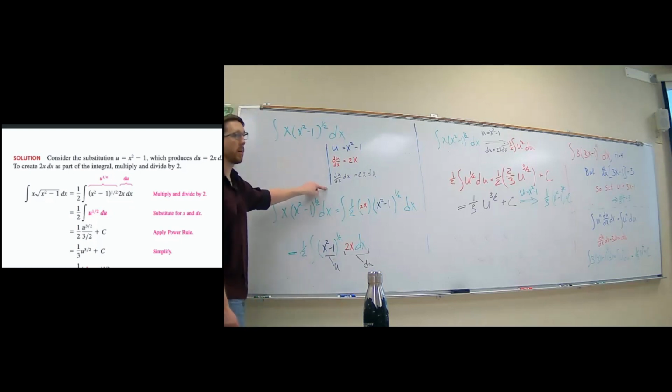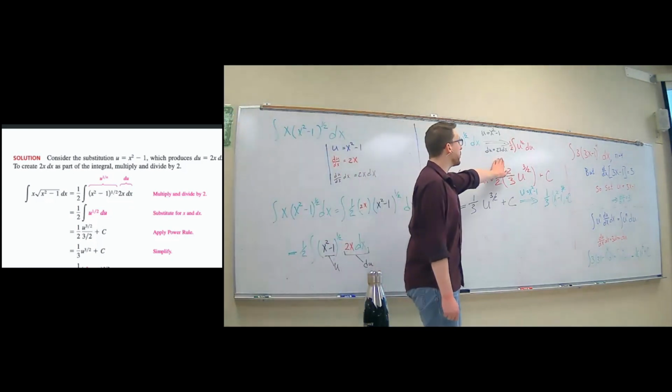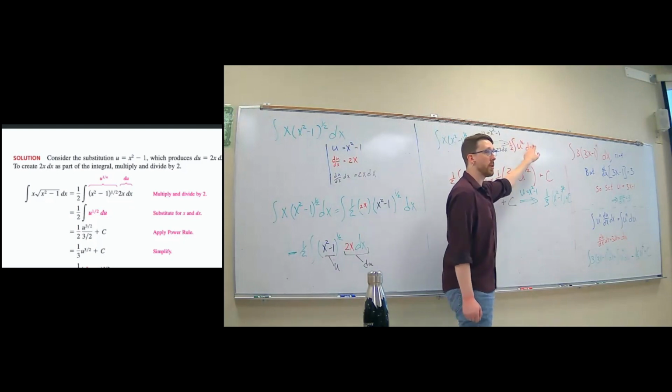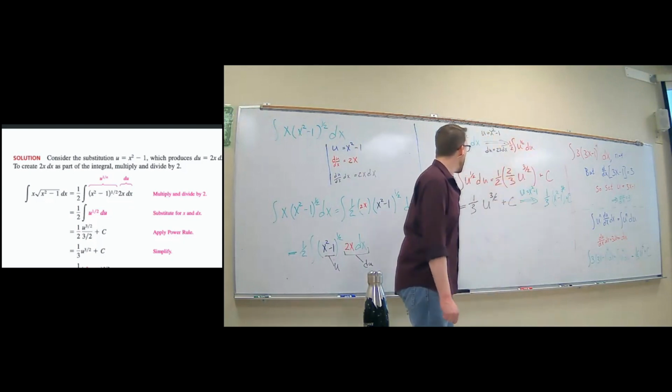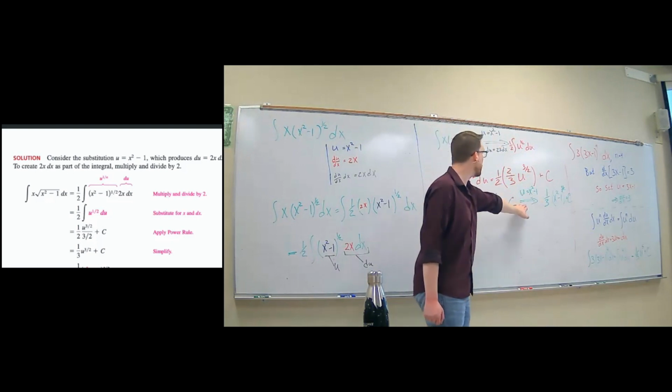That's what we got right here. Now, rearranging everything, we've got u and we've got du. We can use the substitution to get this nicer integral that we know how to work. From that, we solve that integral, then we just substitute back in what u was. It was x squared minus 1.